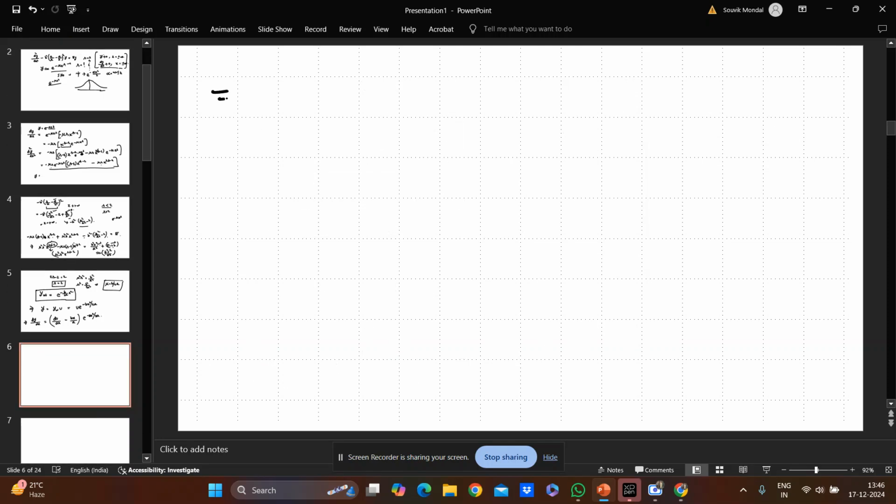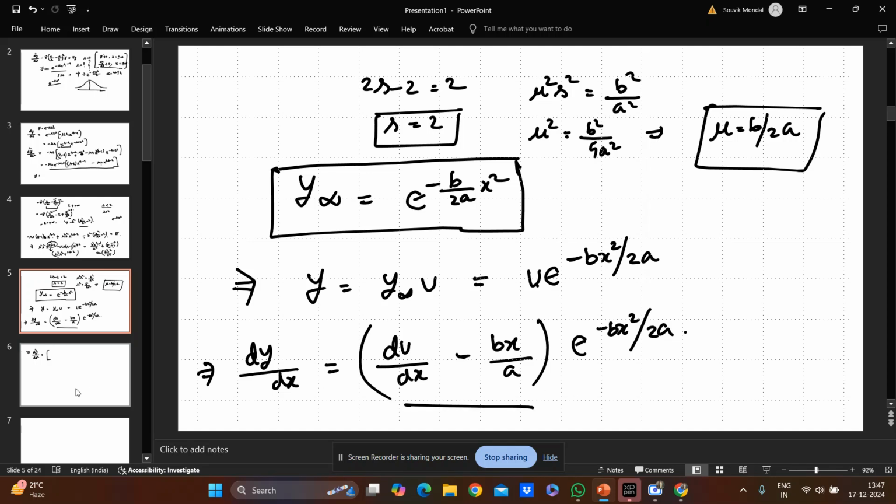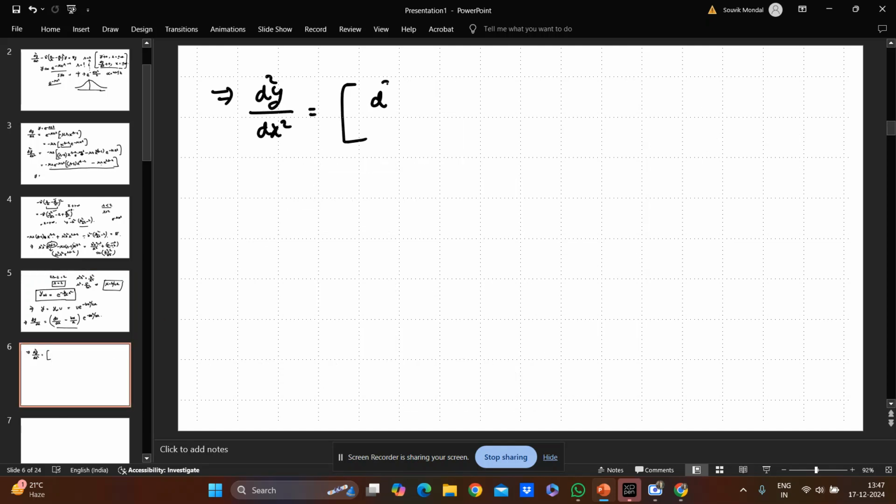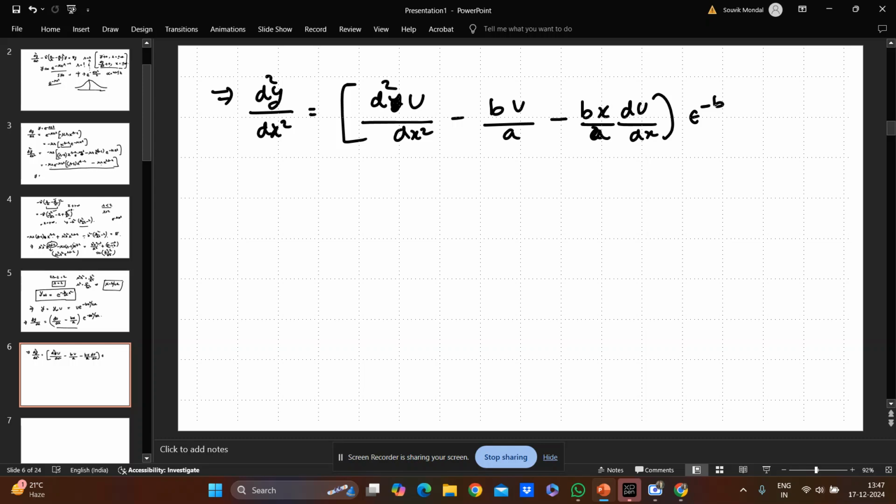Now calculate d2y dx2. D2y dx2 is, first take the derivative of this part, that is d2u dx2, minus bx by a du dx, into e to the power minus bx square by 2a.